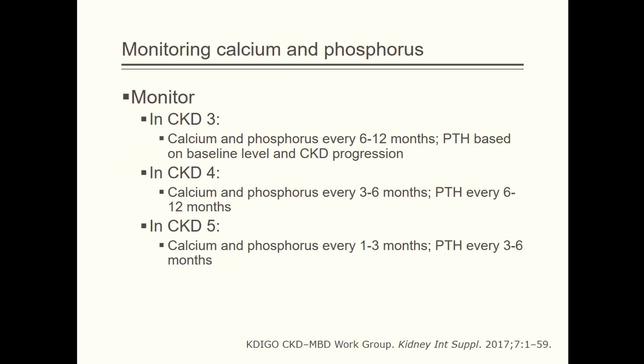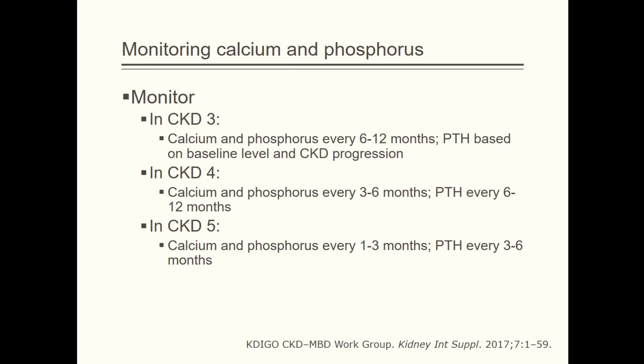In terms of monitoring calcium and phosphorus, the guidelines suggest for CKD3 patients, you would monitor calcium and phosphorus every 6 to 12 months, and PTH based on baseline level and CKD progression. For CKD4 patients, they suggested to measure calcium and phosphorus every 3 to 6 months, PTH every 6 to 12 months.